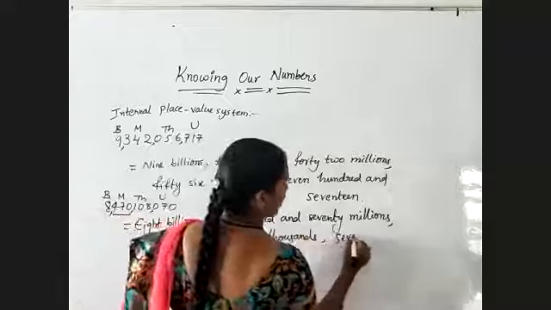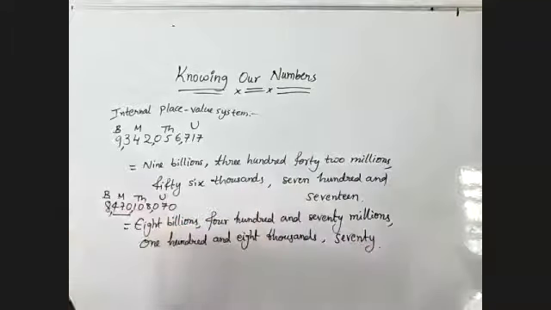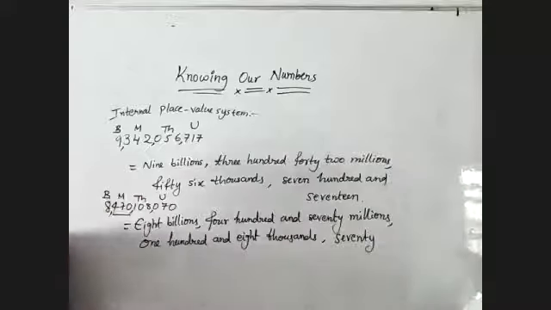In units, plus I have 70. So this is the way to write a number in the Indian place value and international place value system.